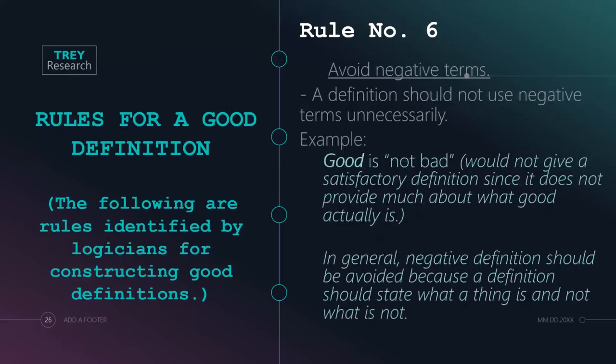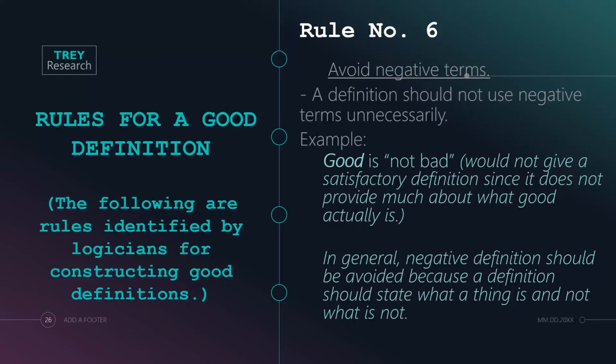Clear? Rule number 6, avoid negative terms. A definition should not use negative terms unnecessarily. So, again, try to create or use words that are appropriate only towards the terms. Towards the concepts, no? Good is not bad. This would not give a satisfactory definition since it does not provide much about what good actually is.